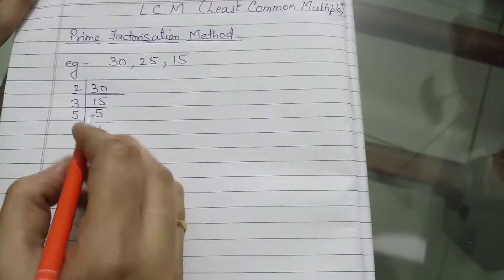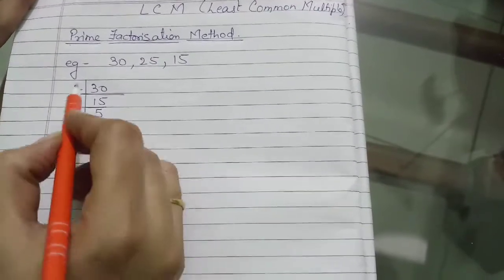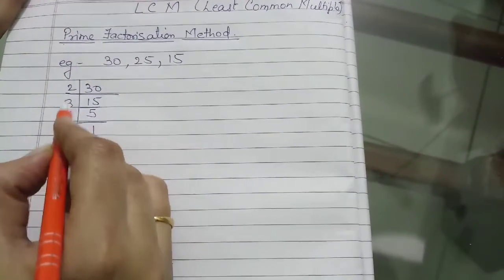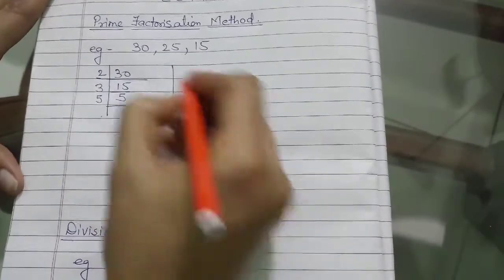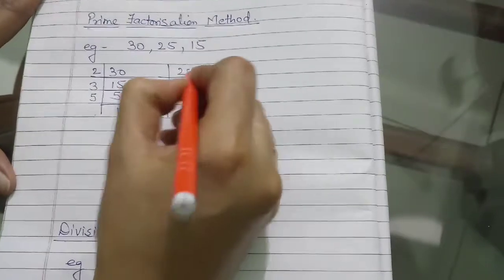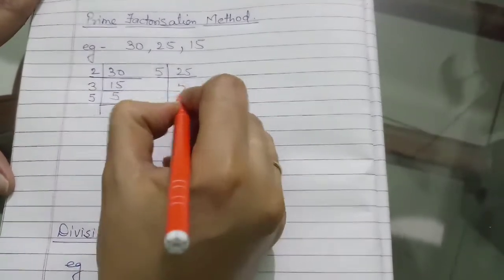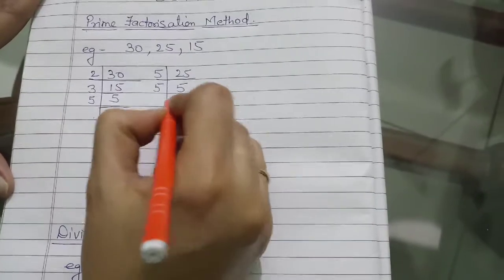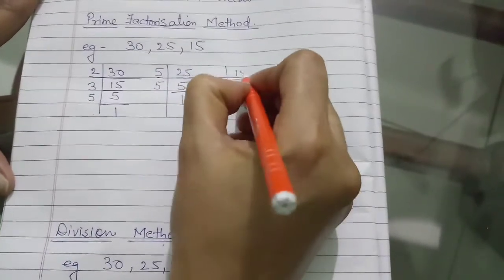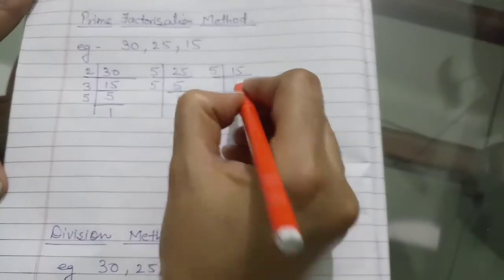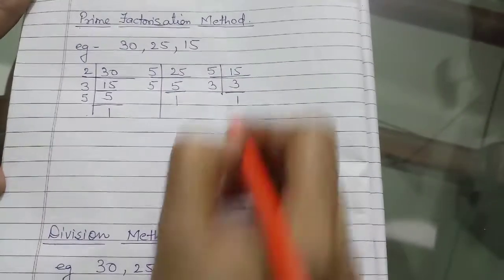The main thing we have to remember is that we always have to take prime numbers. Next, for 25 I take 5, 5 5s are 25, then again 5, 5 1s are 5. Then for 15: 5, 3 5s are 15, and 3, 3 1s are 3.